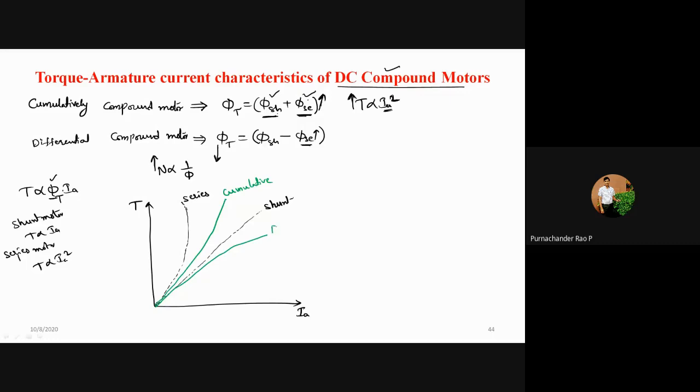So this is the characteristics for the differential compound motor, and this is for the cumulative compound. Okay, so this is the torque versus armature current characteristics of a compound motor.